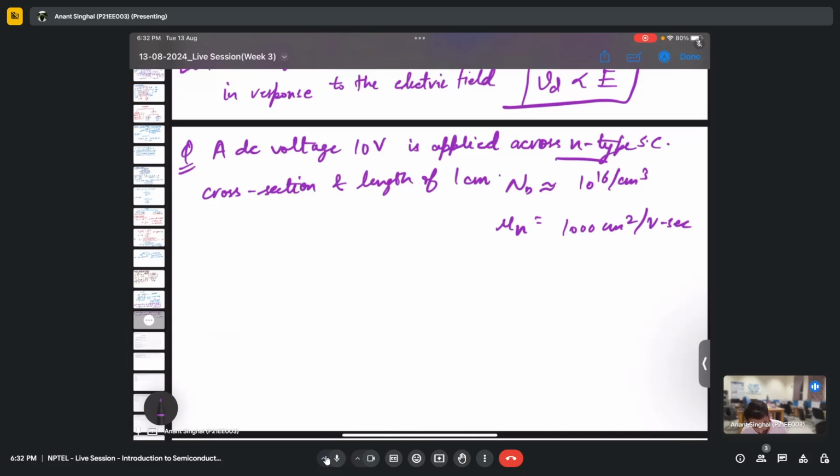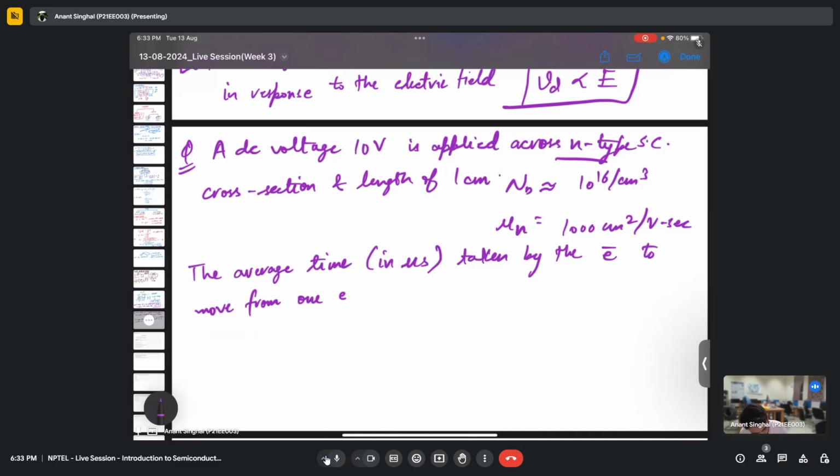So the average time, which you need to find in microsecond, taken by the electron to move from one end of the bar to the other.